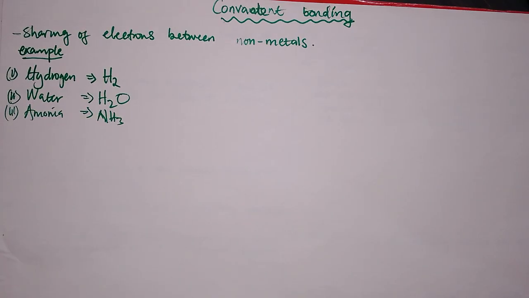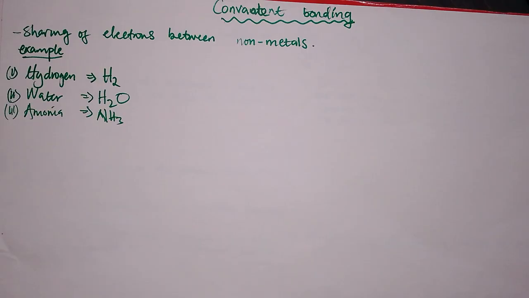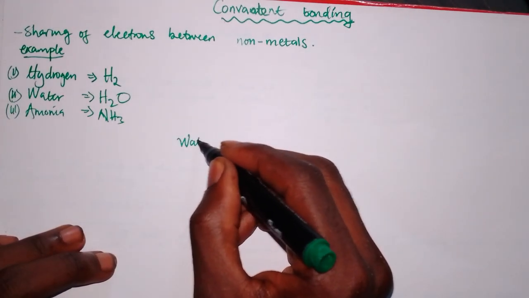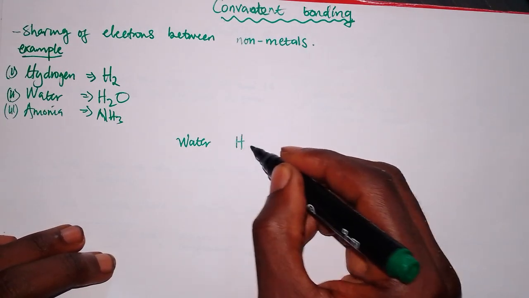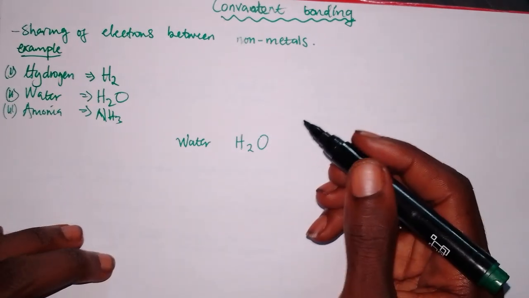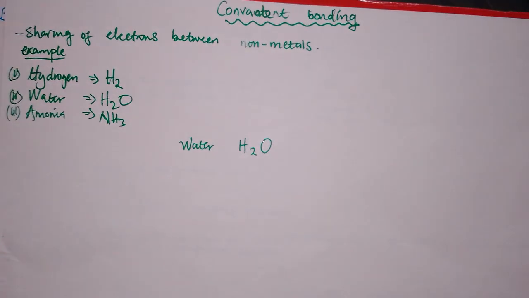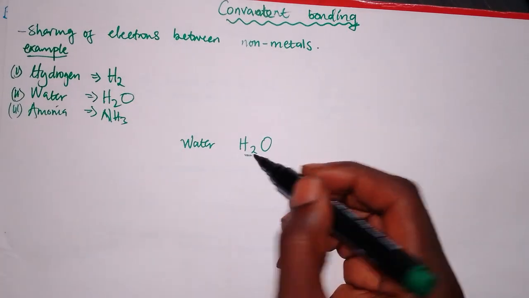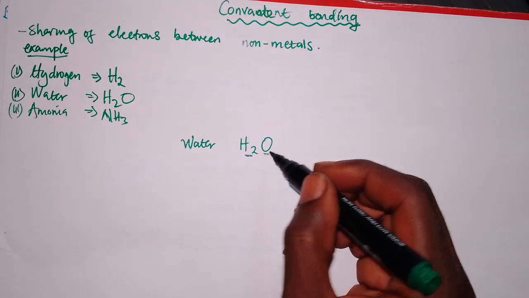So we are going to pick water as an example, which is H2O. Remember, in water we have how many hydrogens? We have 2. And how many oxygens? We have 1.